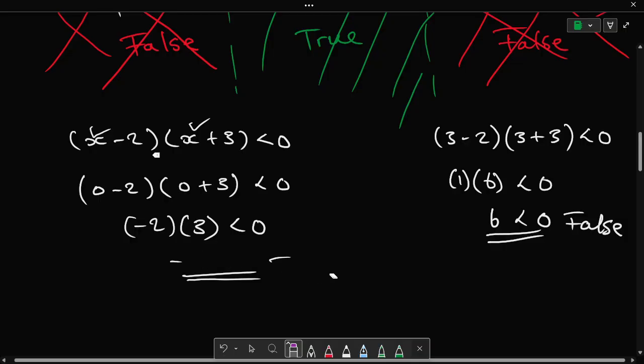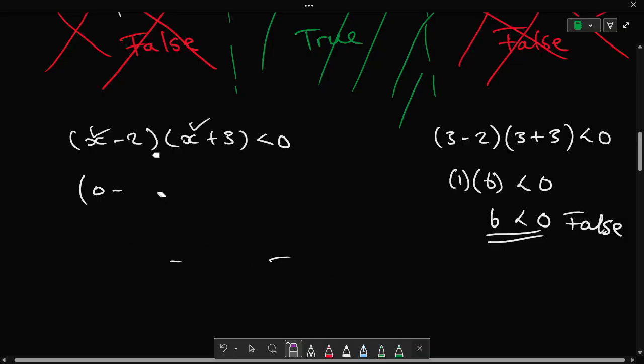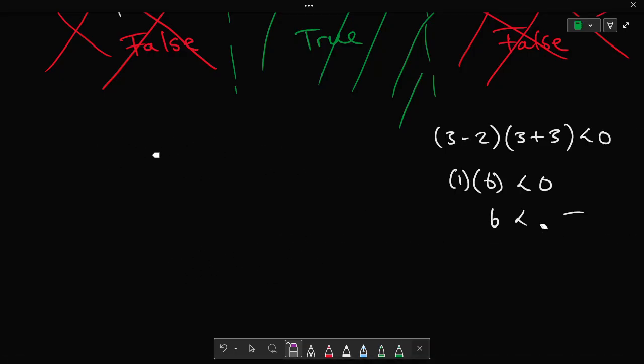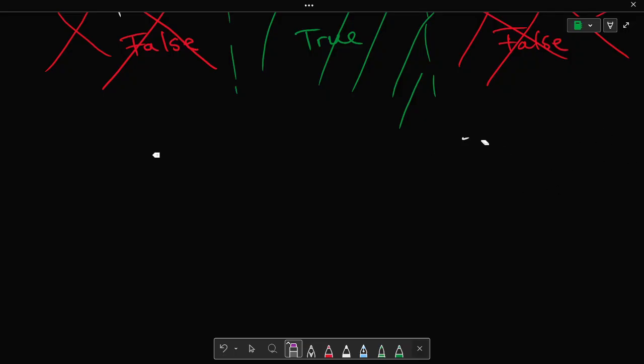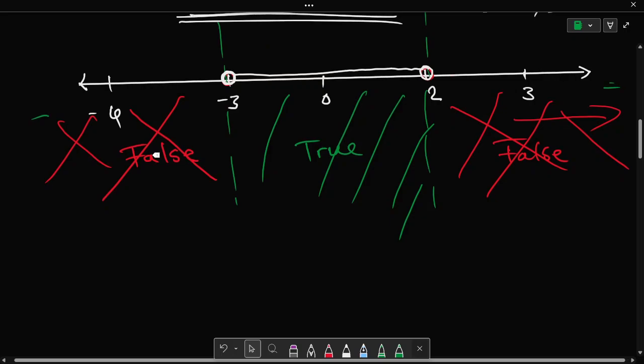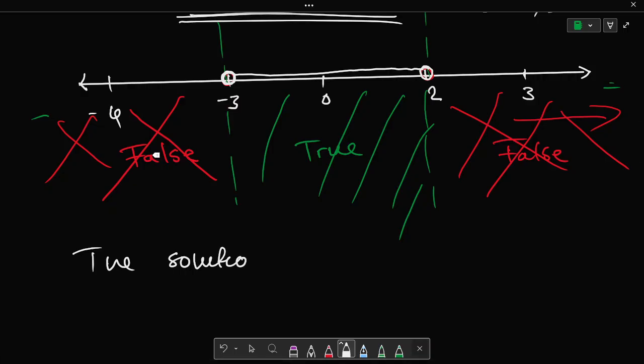So we need to write our answer now in interval notation. To do that, we are going to say the solution set is, so you just get this region here.